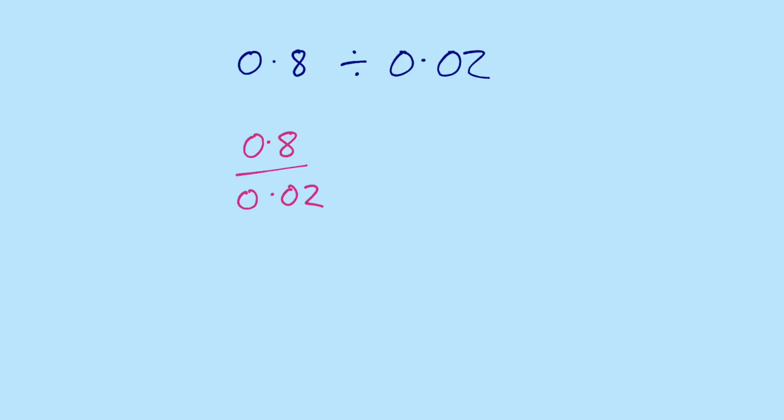The reason we're going to do that is because we want to get rid of the decimal on the top and the decimal on the bottom. Multiplying by 10 would get rid of that decimal on the top because 0.8 times 10 is 8. But if I multiplied the bottom by 10, I would still have 0.2. So therefore I'm going to times the top and the bottom by 100.